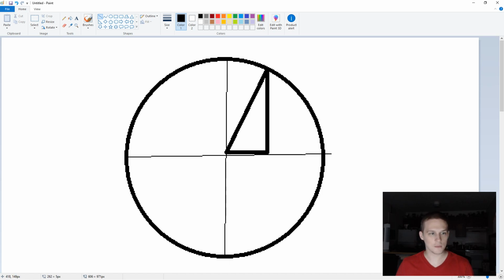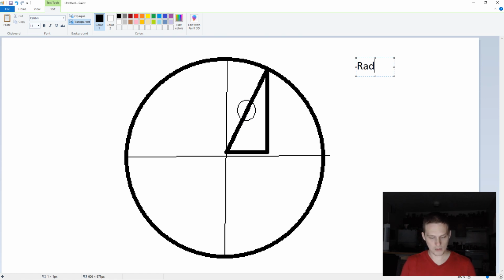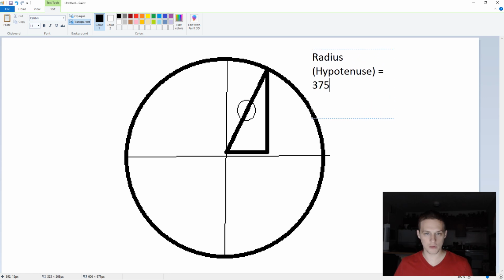It's not perfect, but we'll just go with it. Okay, so this hypotenuse right here is the radius. The radius that we have is radius, hypotenuse, equals 375. That is what we know already.